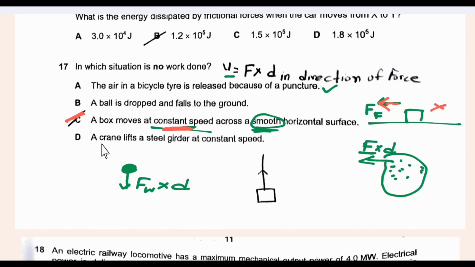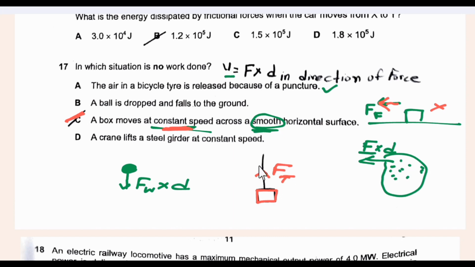Then option D, a crane lifts a steel girder at a constant speed. So this is the crane that is lifting, and this is the girder. As the crane lifts the girder, there is some force acted by the crane on the girder, and this force is represented by the tension.